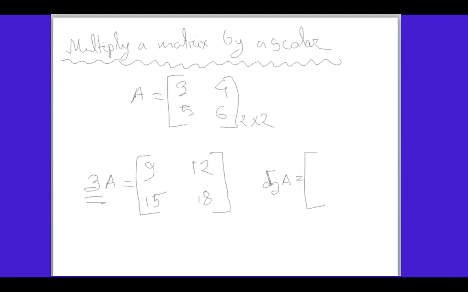That means multiply every element of the matrix by 5. That means 5 3s are 15, 5 4s are 20, 5 5s are 25, 5 6s are 30. That is multiplying a matrix by a scalar.